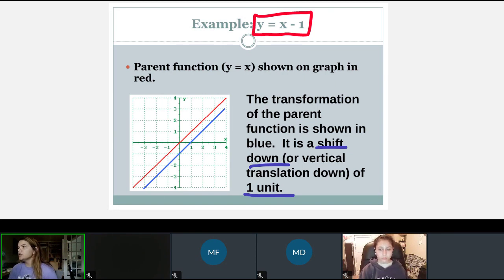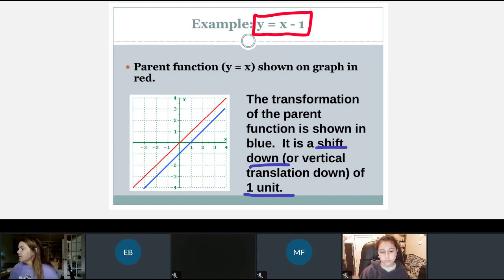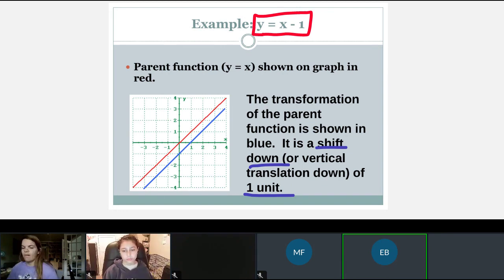Erica, do you have a question? Can you hear me? I can. So basically, if it says y equals like this example right here, or shows another number in the problem, does it mean it's a vertical translation if it says y equals, or is it just for f of x too?